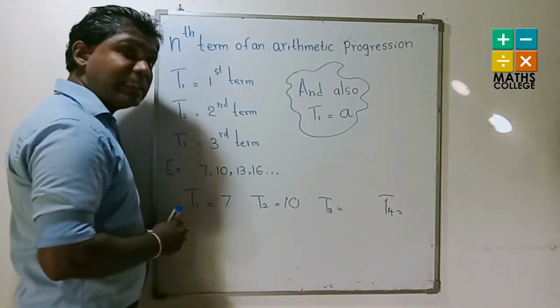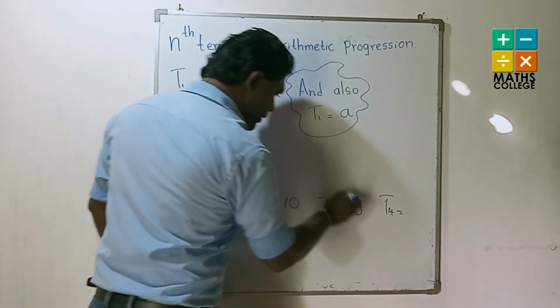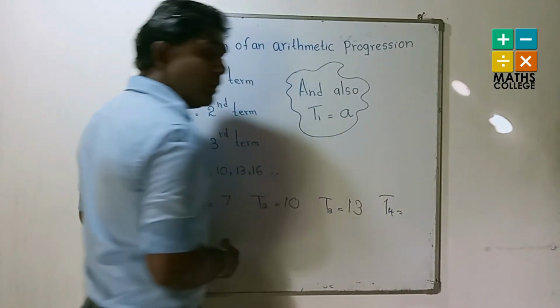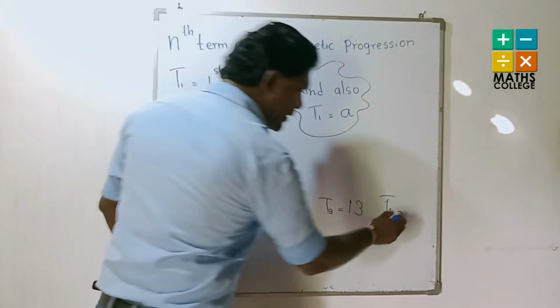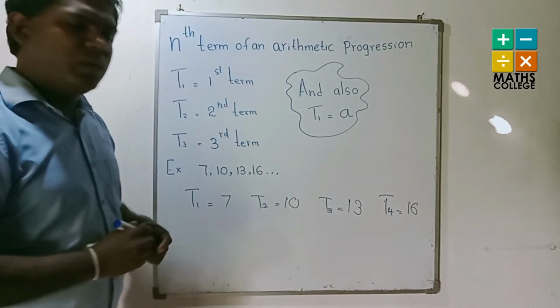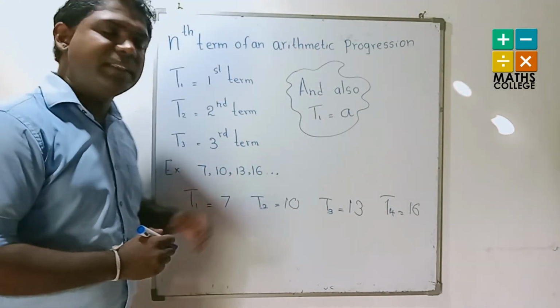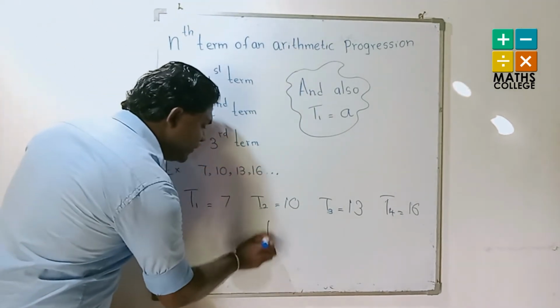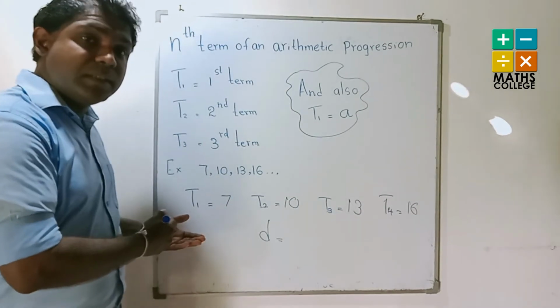T3 means the third term, and the third term is 13. Then T4 means the fourth term, and the fourth term is 16. And also I am finding here the common difference. We can find the common difference when considering any two consecutive numbers.